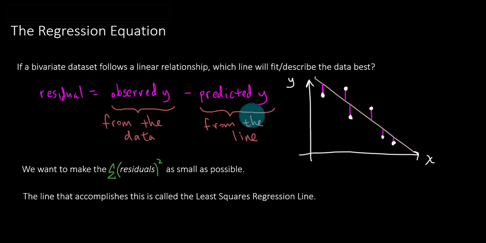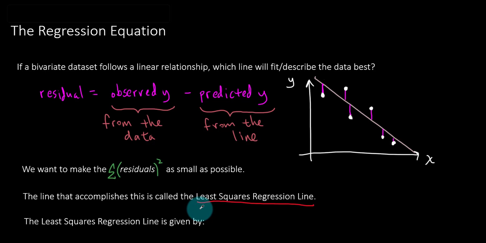The line that accomplishes this task is called the least squares regression line. And so the word least squares, right, because these residuals are squared, and we want the sum of these residuals to be as small as possible, or least. This least squares regression line, it's a line, right?